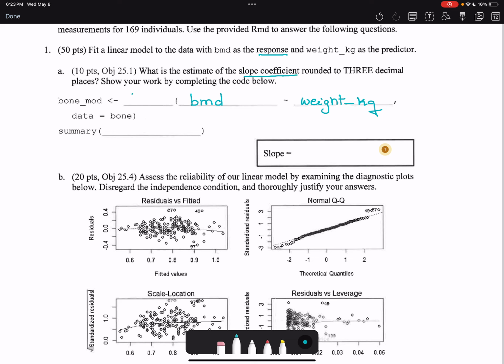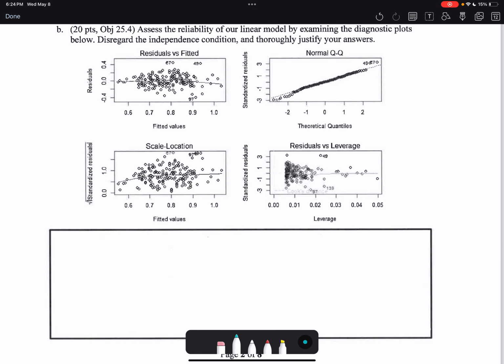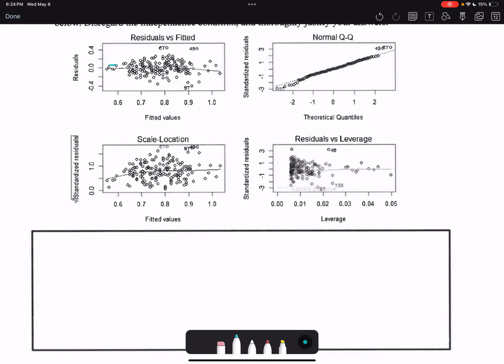So, assess the reliability of our linear model by examining the diagnostic plots below. Disregard the independence condition and thoroughly justify your answers. So here we see that the variance is not constant throughout.